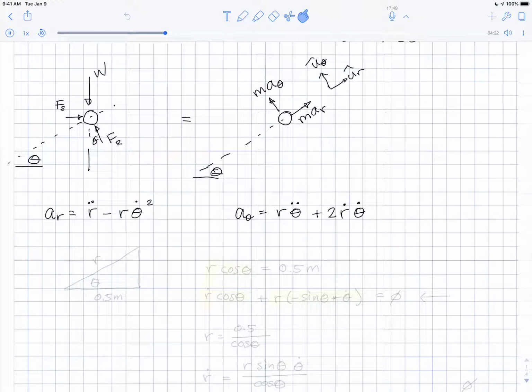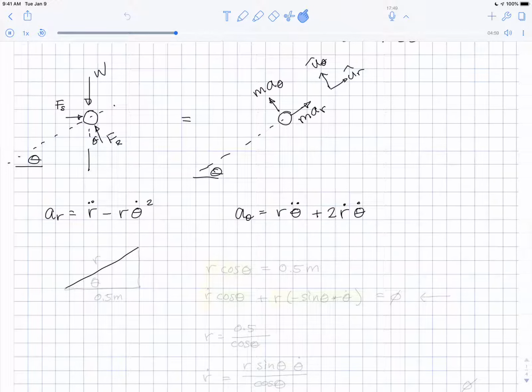And remember, one r dot theta dot comes from the r velocity changing, and one comes from the theta velocity increasing because the radius is getting bigger simultaneously. Okay, so we know that theta dot equals 2 radians per second and theta double dot is 0. So we need to know r, r dot, and r double dot. And we're going to have to use geometry.